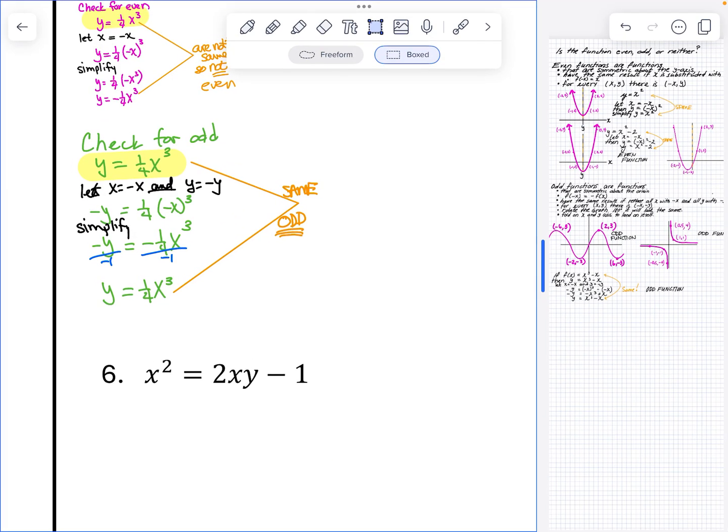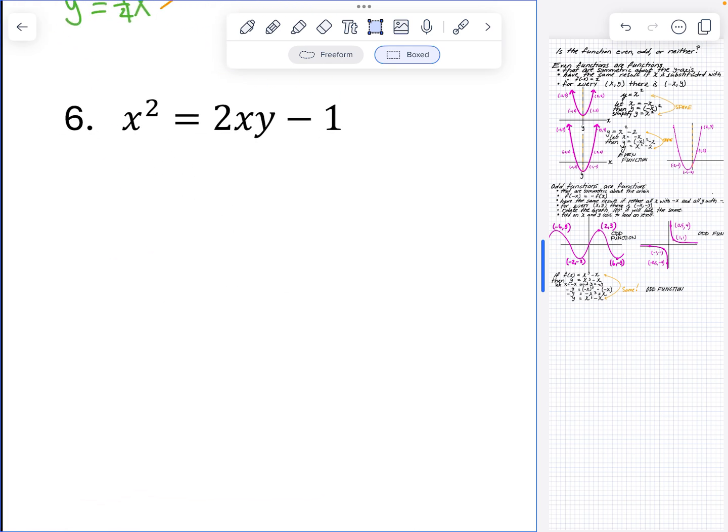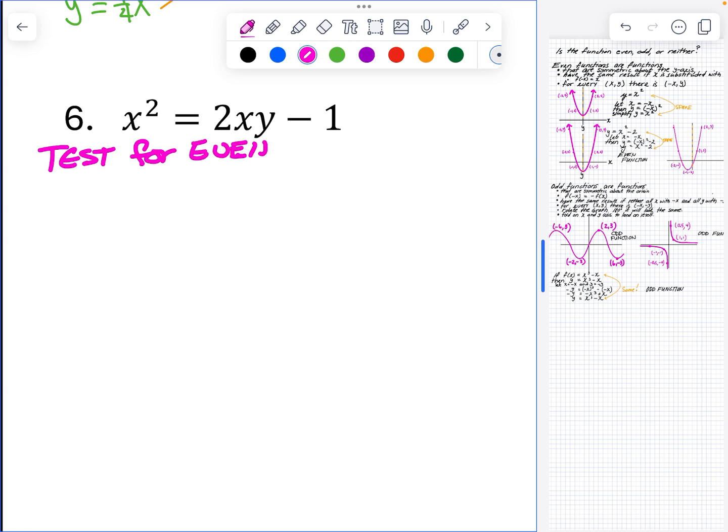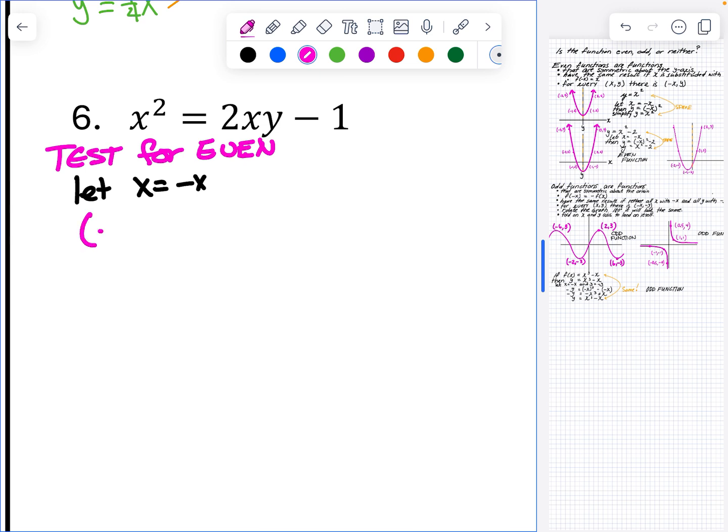So if we go back to here and we look at this, if we do a test for even, we're going to let x equal -x. So that would be (-x) to the power of 2 is equal to 2 times (-x) times y minus 1.